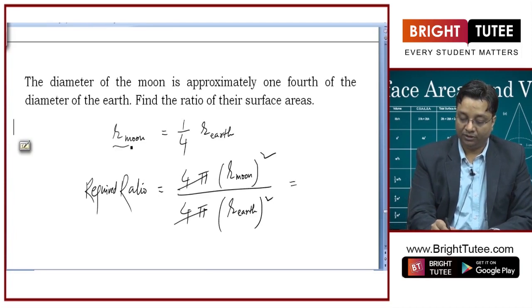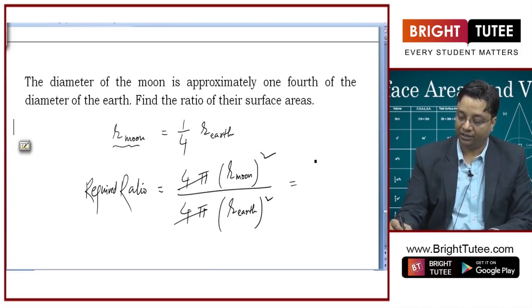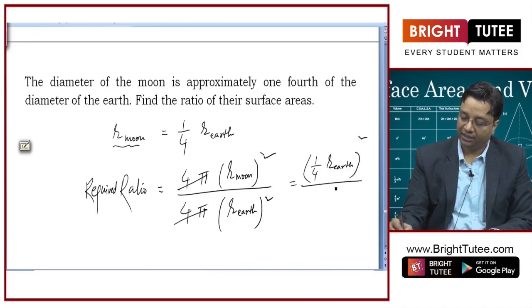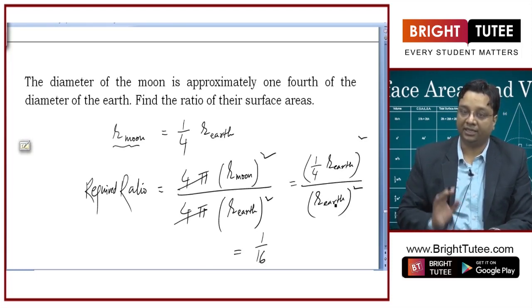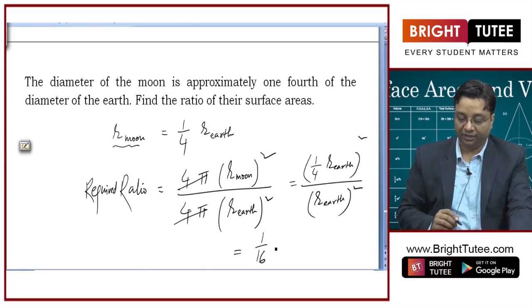Radius of moon can be replaced by 1 by 4 radius of earth. So I will replace it 1 by 4 radius of earth square, and it is divided by radius of earth square. Now you can see clearly that 1 by 4 will become 1 by 16 and the rest of expression can be cancelled. So the answer is 1 by 16.